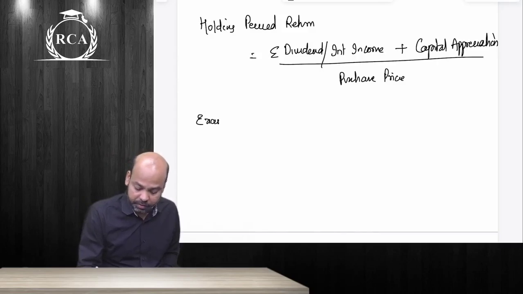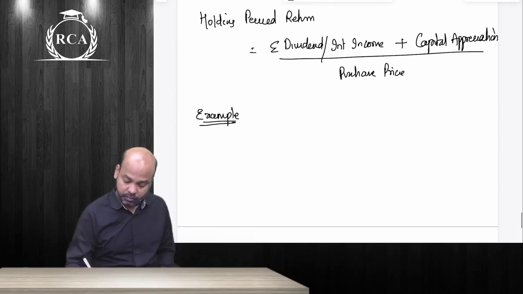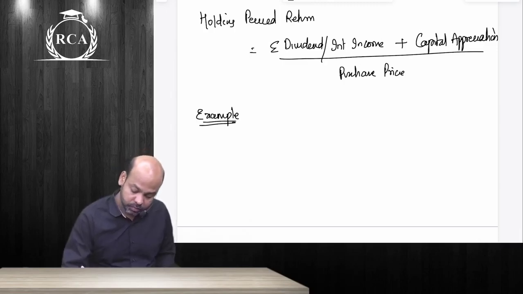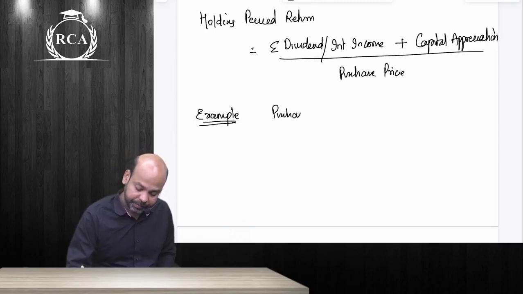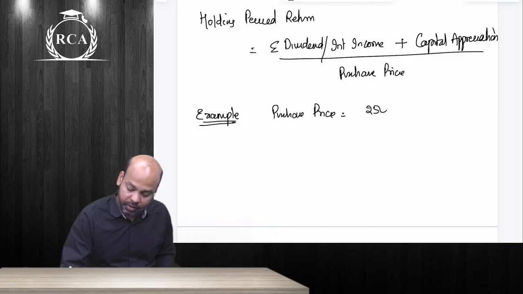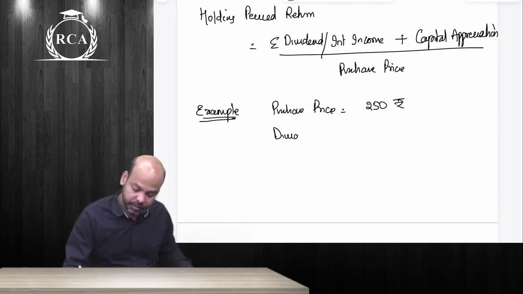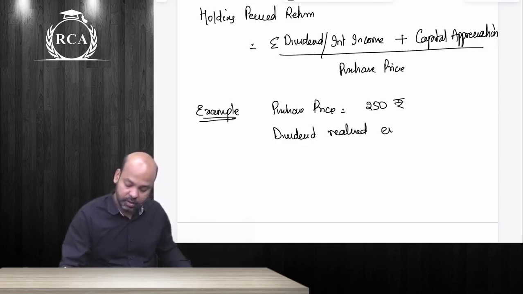Example. Purchase price 250 rupees. Dividend realized every year 10 rupees.